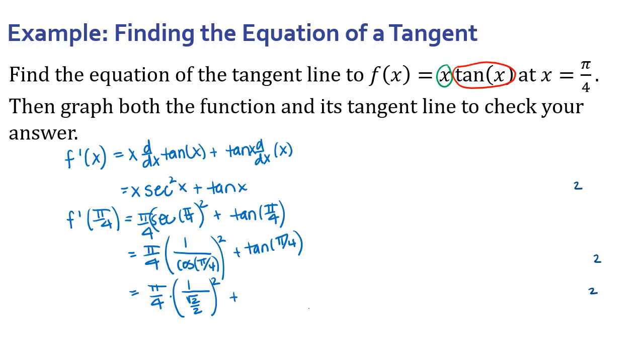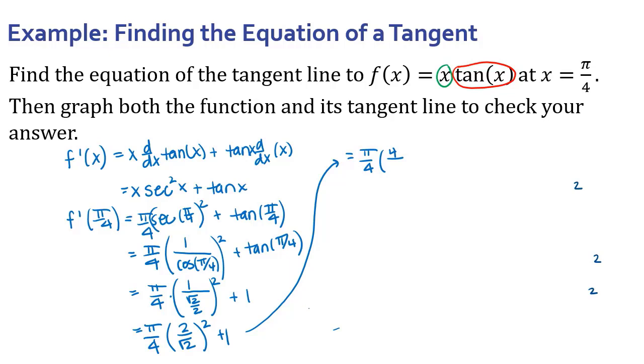The tangent of pi over 4 is 1. So 1 divided by root 2 over 2 is 2 over root 2. Then 2 squared is 4, the square root of 2 squared is 2, so that leaves me with pi over 2 plus 1, which is about 2.57.